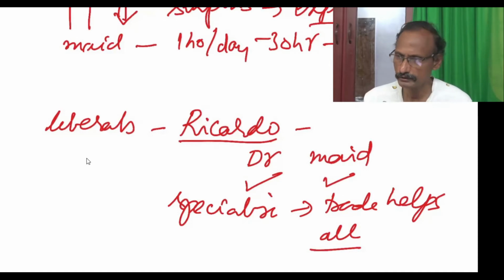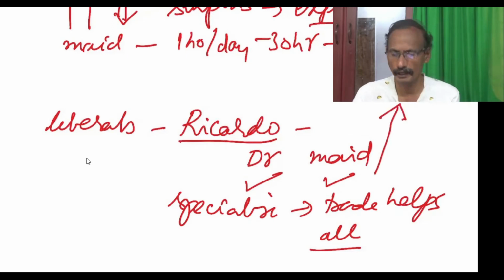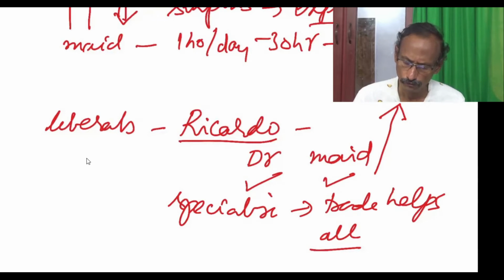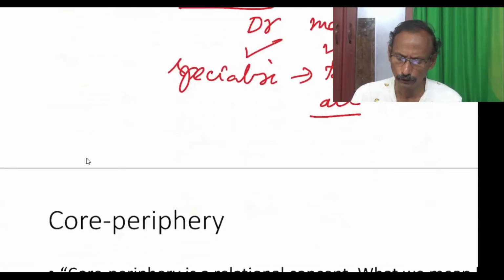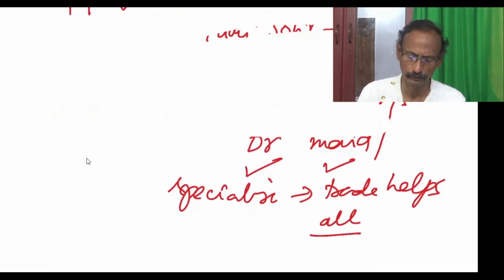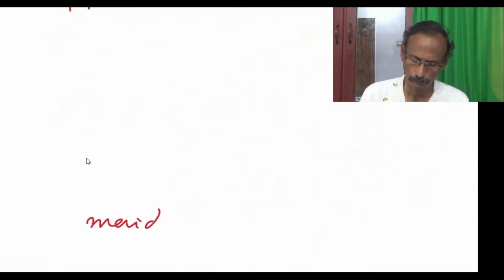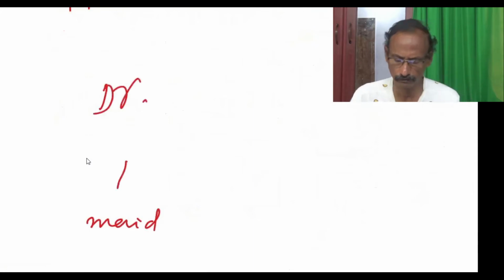The mainstream economists' answer to this inequality is that the maid should become something different, something at a higher value, like a lab assistant. If you take this individual interaction, maid to doctor, it is a very unequal exchange.